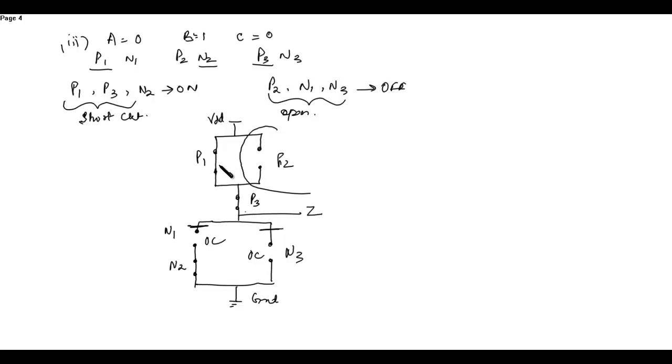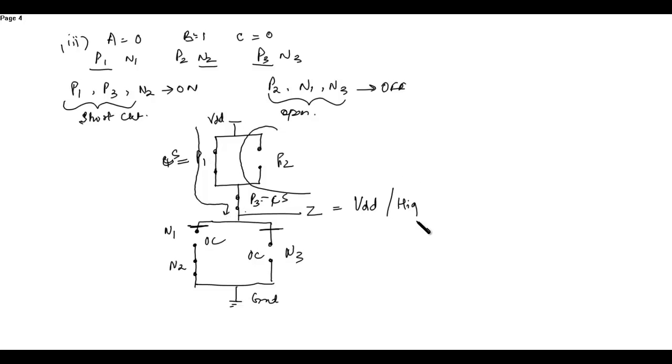Since P1 and P3 are in series with each other, this is short circuited, then this is 1, so the output obtained will be VDD through this path.